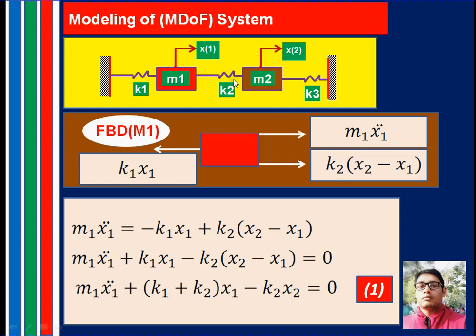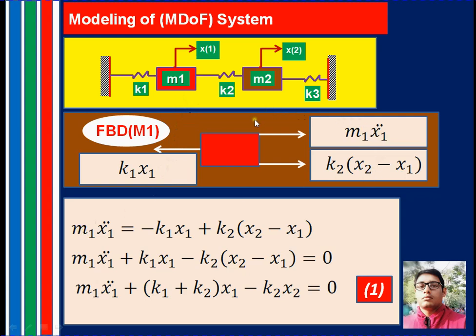How much will it act on the body? It will be K2 into the difference of displacements, x2 minus x1, that is the stretching. Then the body is moving towards right with a certain acceleration, so there will be an inertia force, m1 x1 double dot. So this figure shows the free body diagram of m1.